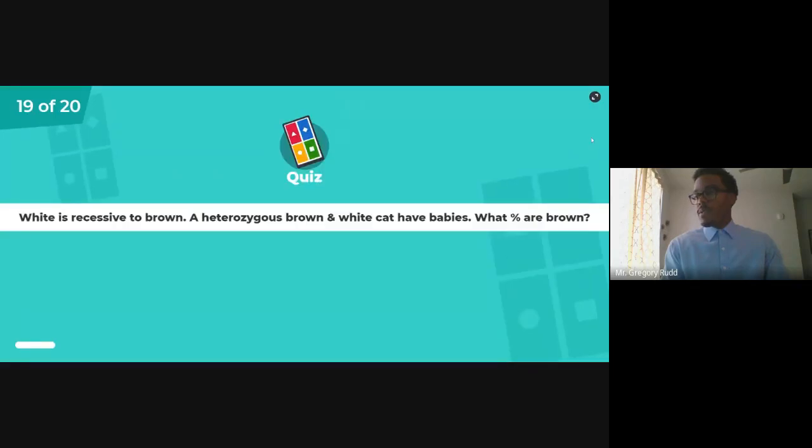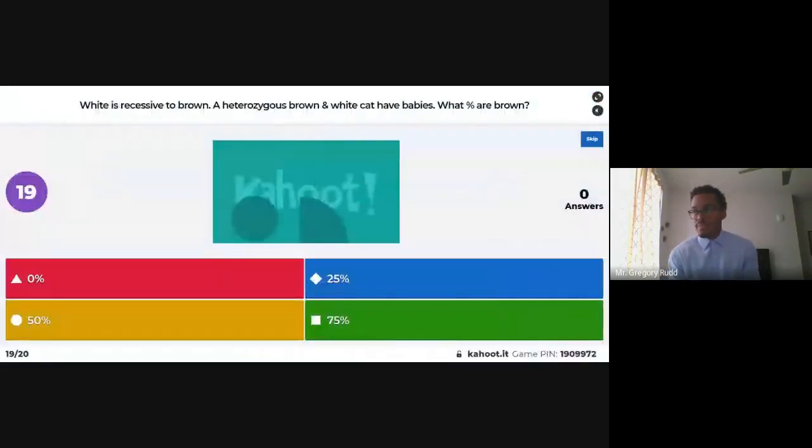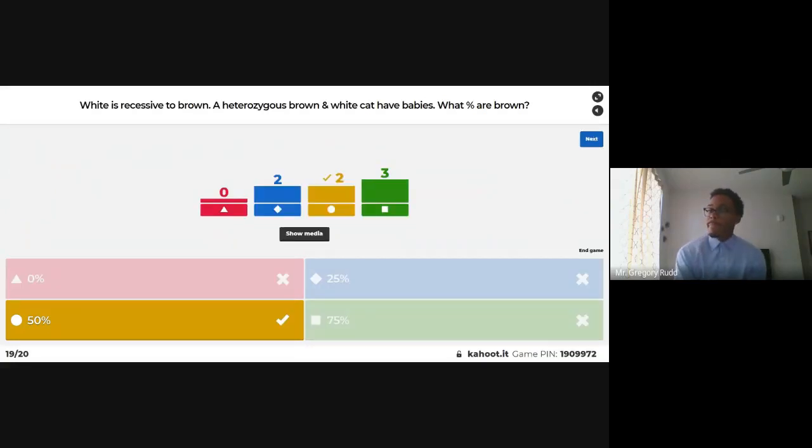Two questions left. White is recessive to brown. A heterozygous brown and white cat have babies. What percent are brown? A heterozygous brown cat and a white cat have babies. Good job.